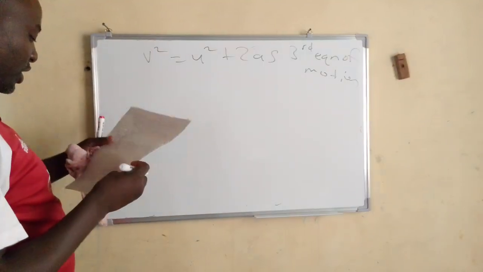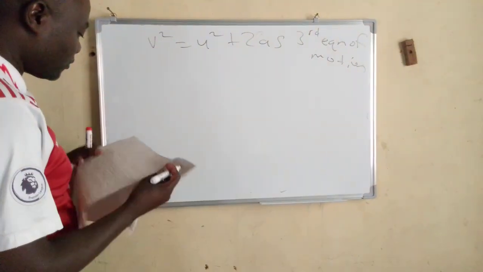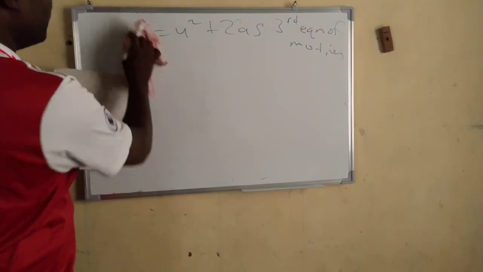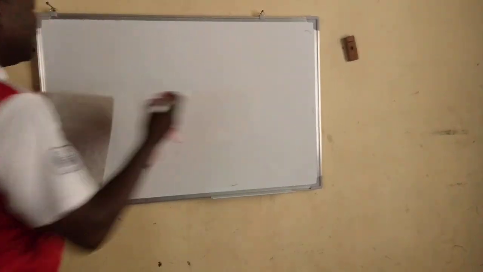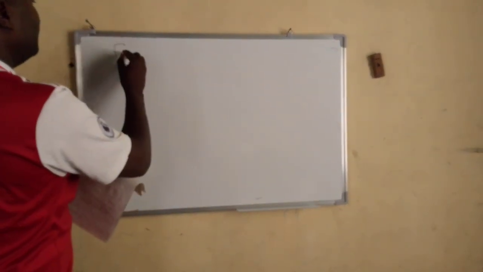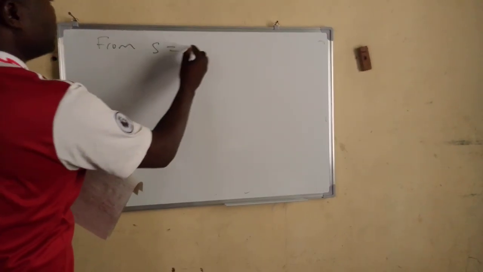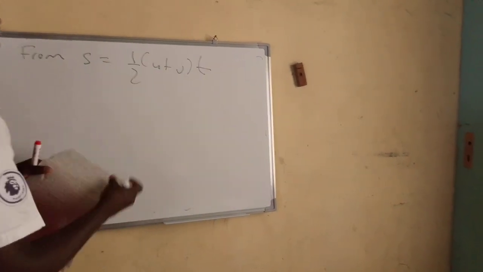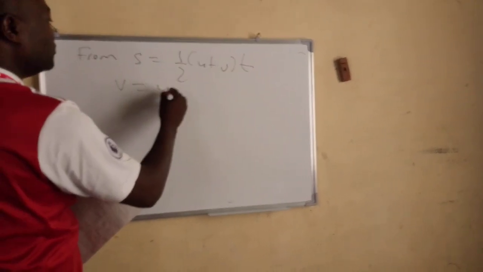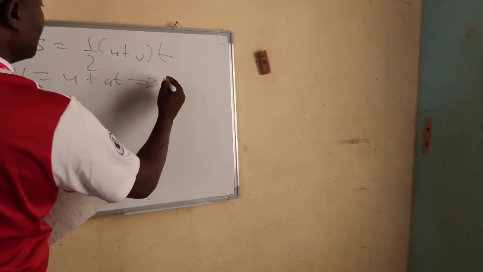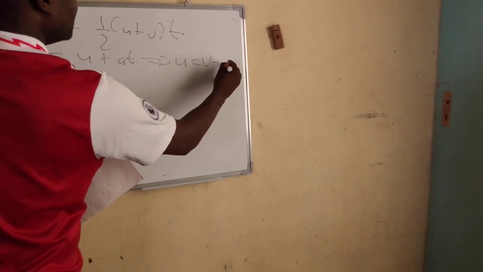Finally, moving on to the fourth equation of motion. Again, from s is equal to half (u plus v) times t. We said v is equal to u plus at, so u will be equal to v minus at.